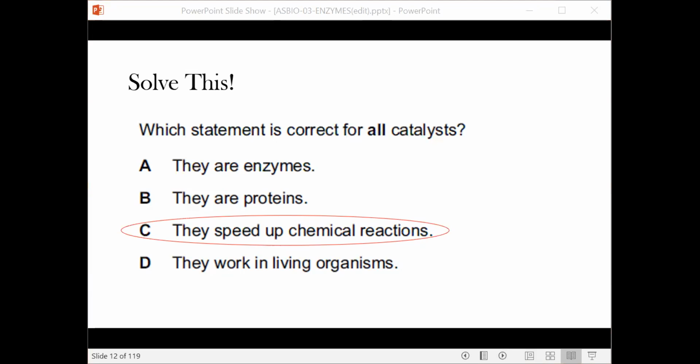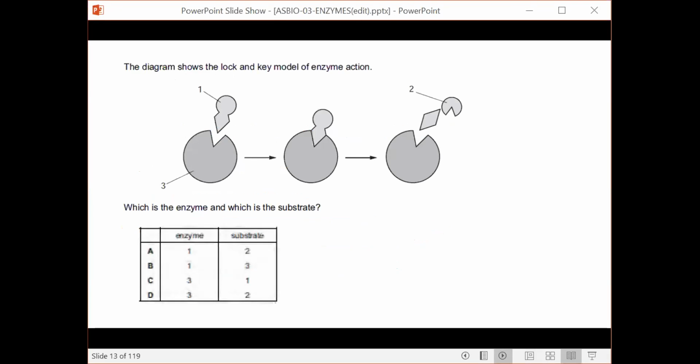Okay. This one is pretty easy. Enzyme is 3, substrate is 1. Yep.